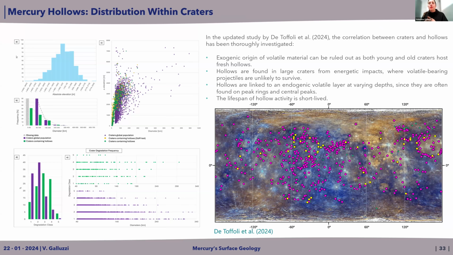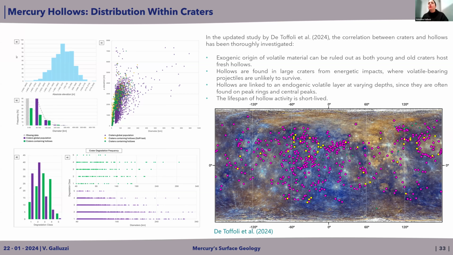But actually, thanks to the work of Barbara this year, we can rule out the exogenic origin of the volatile material, because hollows are found both in young and old craters. So even very old craters host fresh hollows. They had all the time to lose the volatile materials they brought to the surface, but actually hollows still form today in these old craters.